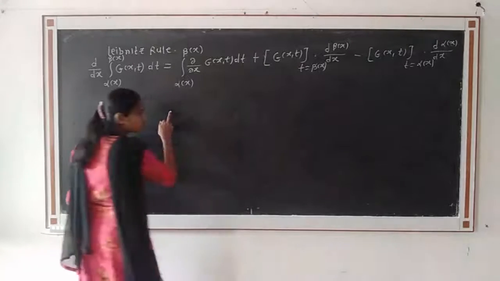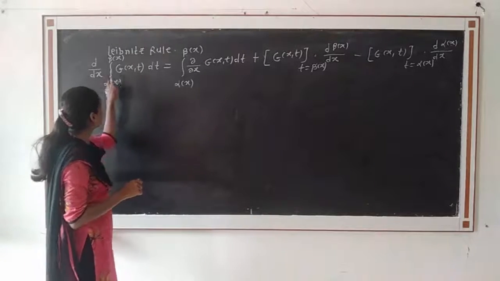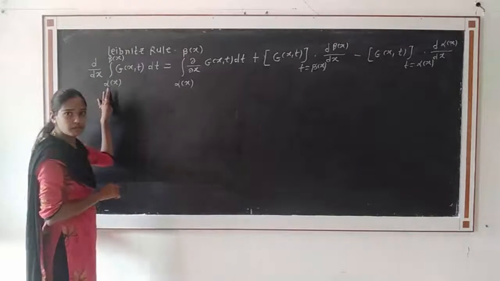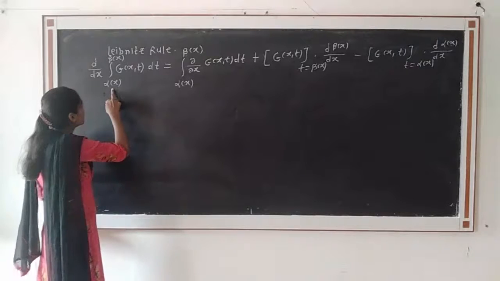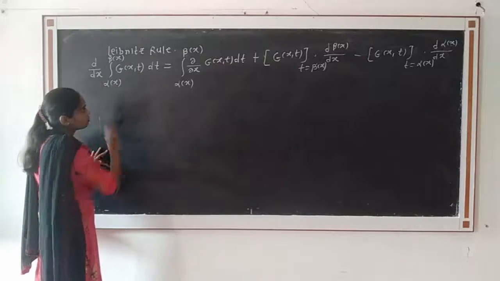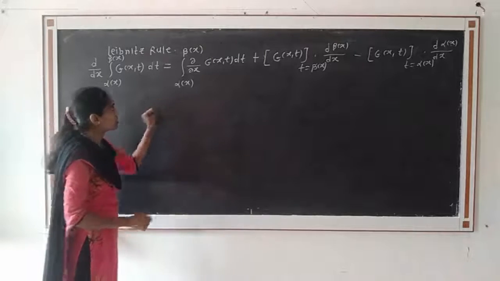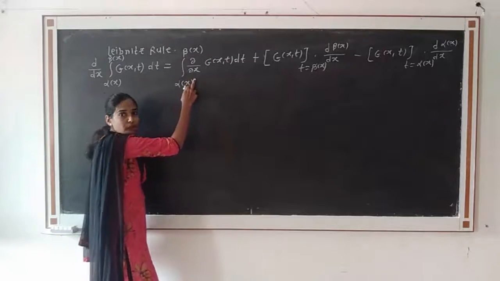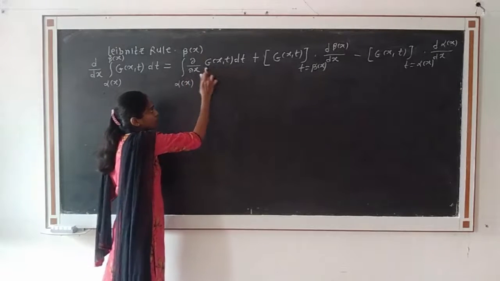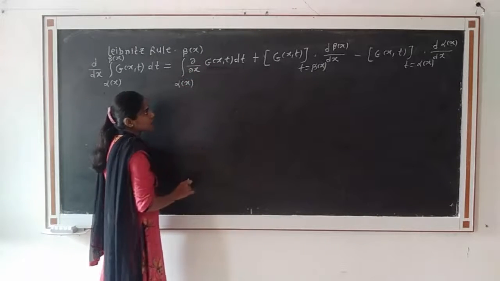The Leibniz rule is useful for differentiating any integral. Here we take the differentiation of the integral from alpha of x to beta of x of g of x,t dt with respect to x. Then it is equal to: first we partially differentiate the given function g of x,t under the integral sign.